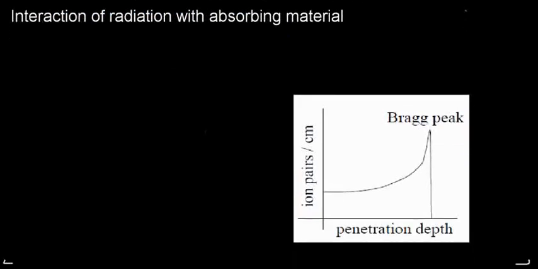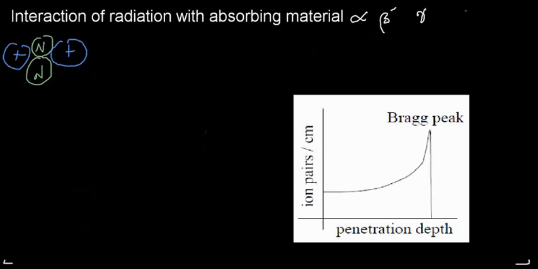And when we're talking about interaction of radiation with absorbing material, really we're talking about how alpha particles, beta negative particles, and gamma photons, also particles you can say, interact with absorbing material. If I'm wondering how the alpha particle interacts, I need to understand that the alpha particle is basically two neutrons and two protons.